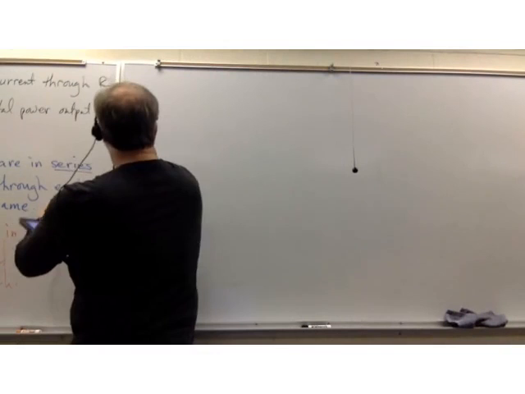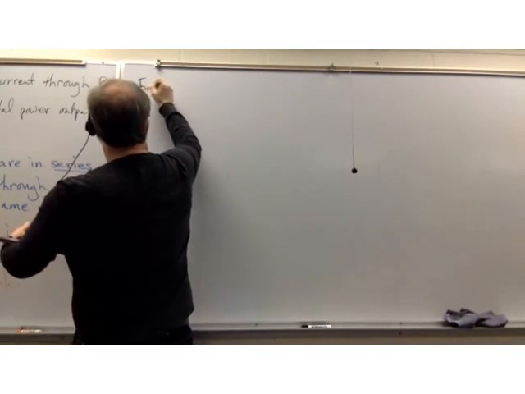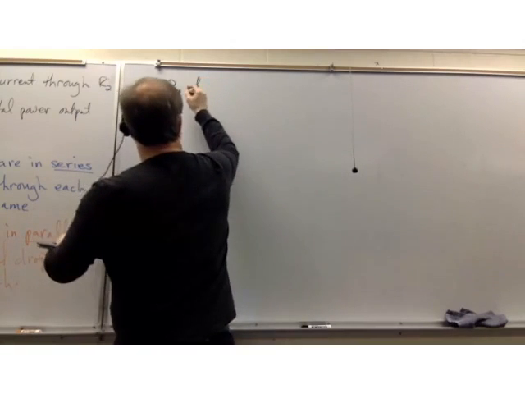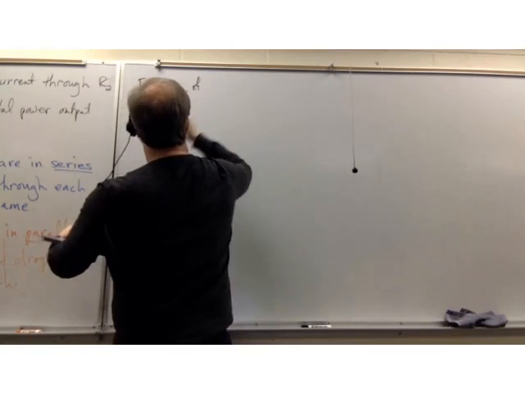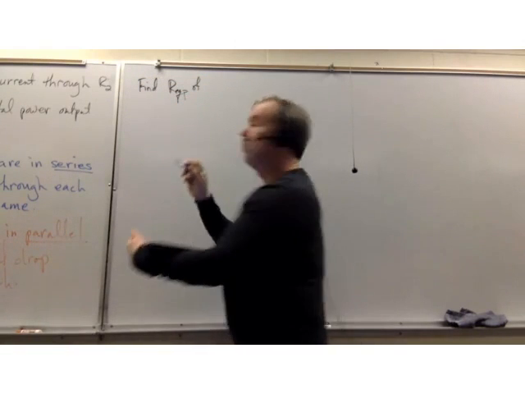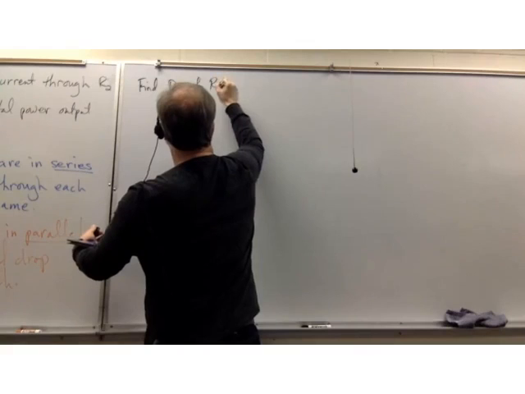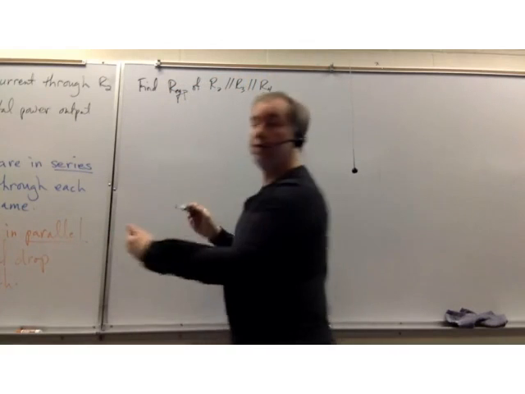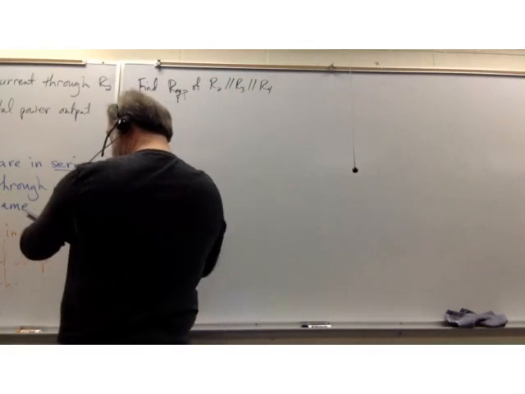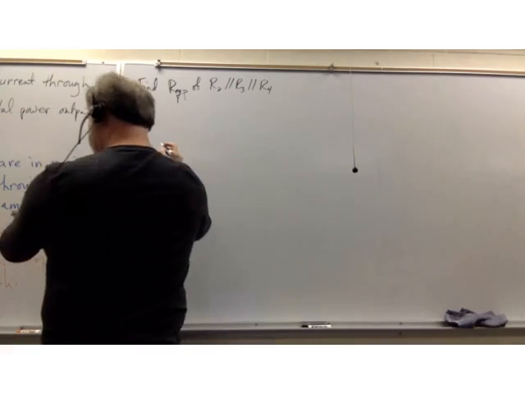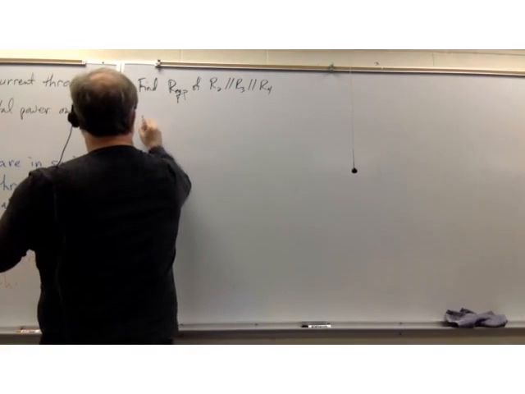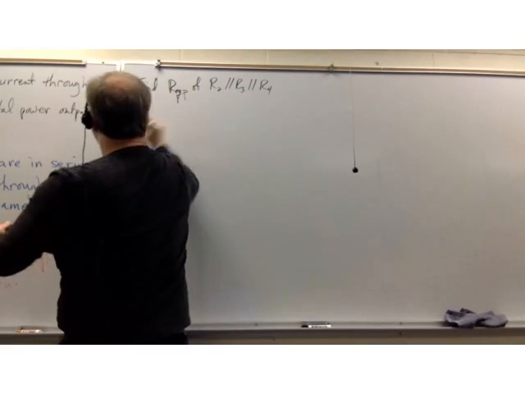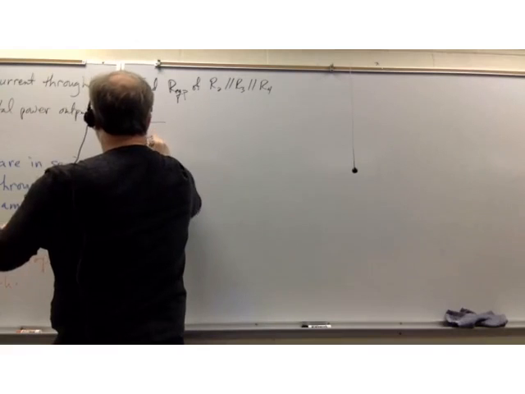Okay, so first, we call this R sub EQ dash P, or underscore P. R2, R3, R4. They're all in parallel with each other. And that's easy enough. It's simply R equivalent dash P. Let me do it in slow motion, I guess. The reciprocal relationship, remember?